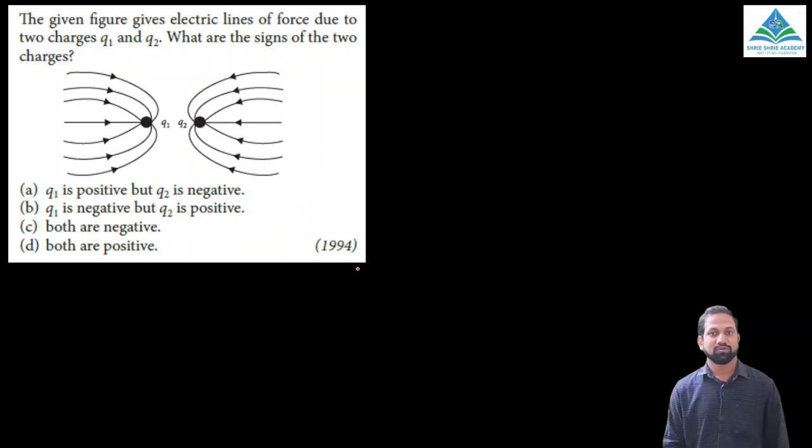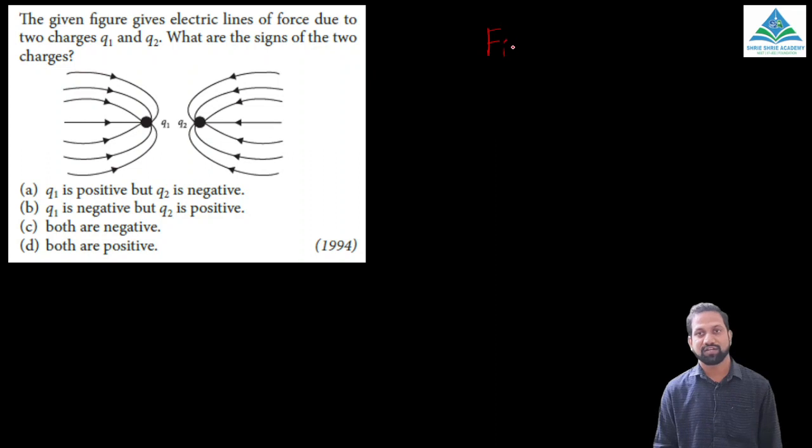And the fourth problem, which is from 1994, somehow long back. The problem is regarding the fields and field lines. So what is a field line? It is a hypothetical line.